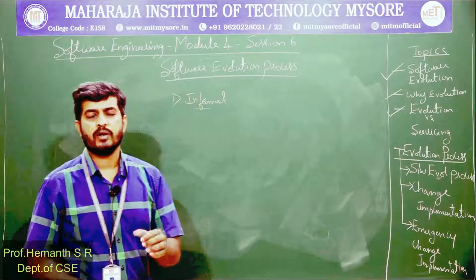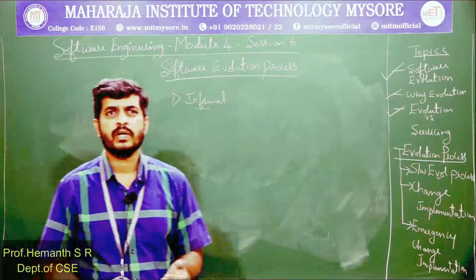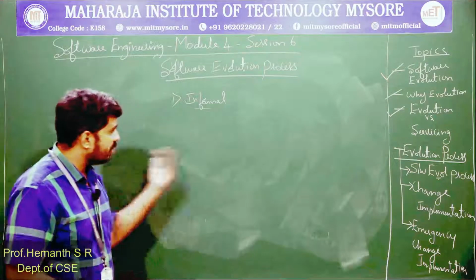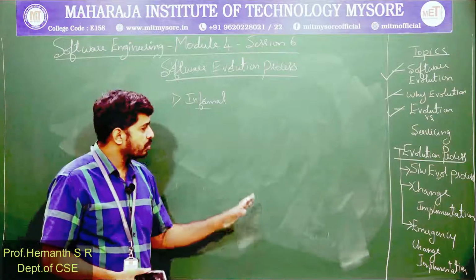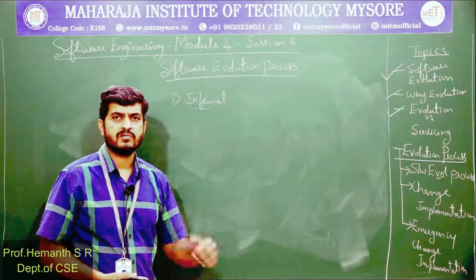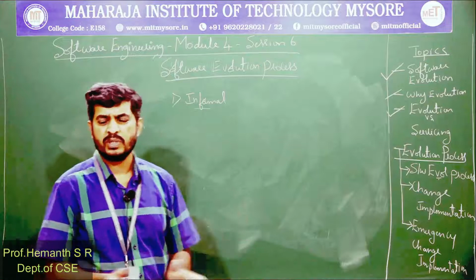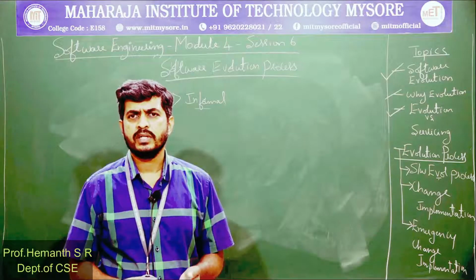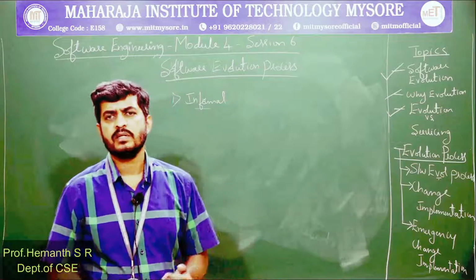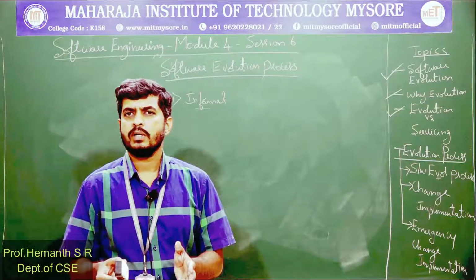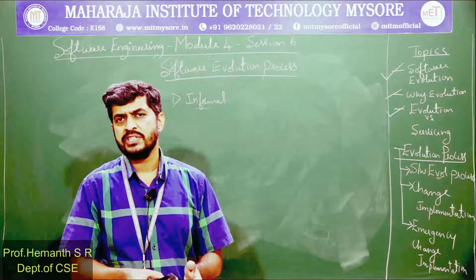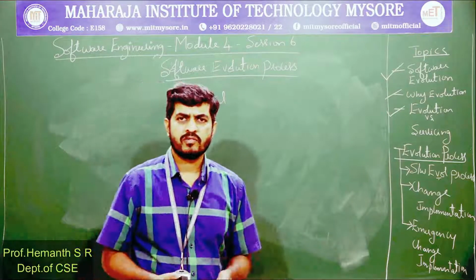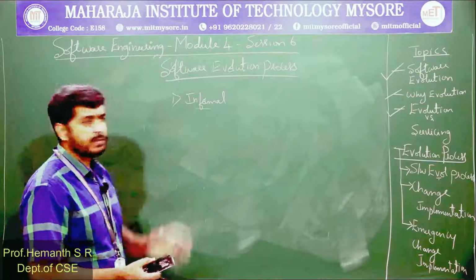How are they informing the changes to the software company? It is in an informal way. Okay, maybe it is through a casual conversation. Maybe a client is informing the software company, please do these changes, through a conversation. They do not follow any formal process or formal set of steps in planning the change and informing it to the company. It is informal through a conversation, so that is informal.